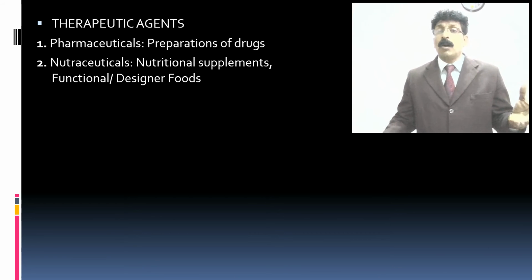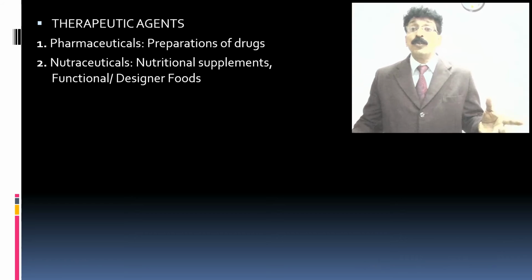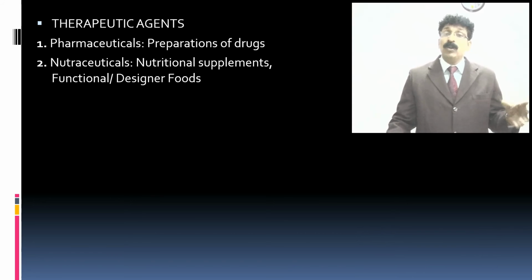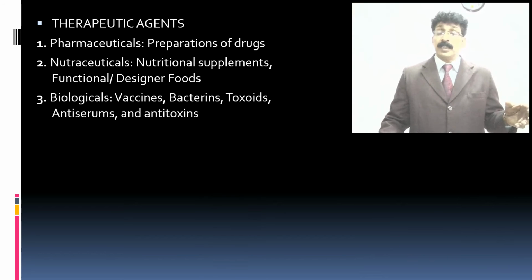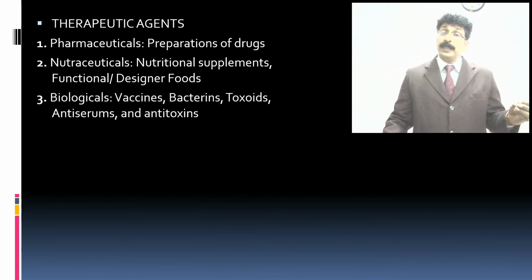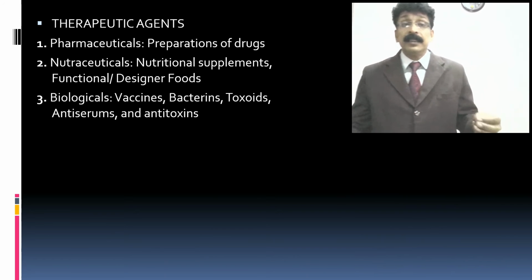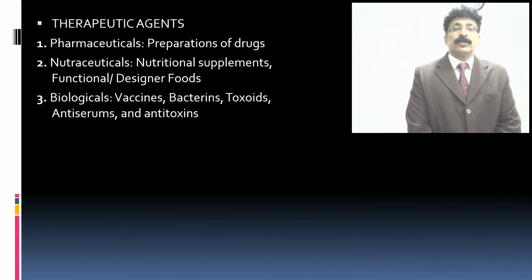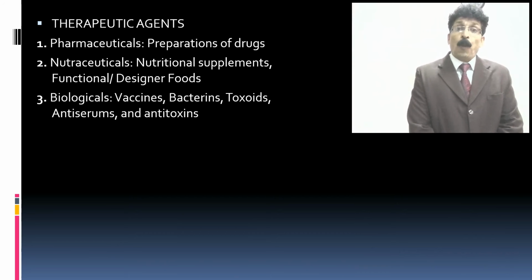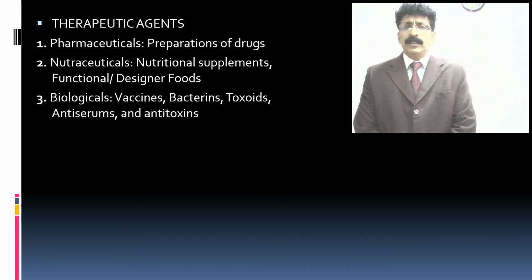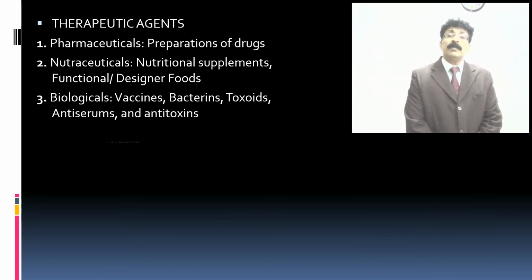Then we can see nutraceuticals, supplements, functional foods actually. We will study about that. You have a big chapter on it itself. I have explained it in my lecture. You can just listen to that. Nutraceuticals also. Biologicals, vaccines, bacterins, toxoids, antiserums and antitoxins. These are all some of the examples which I am giving you for therapeutic agents.